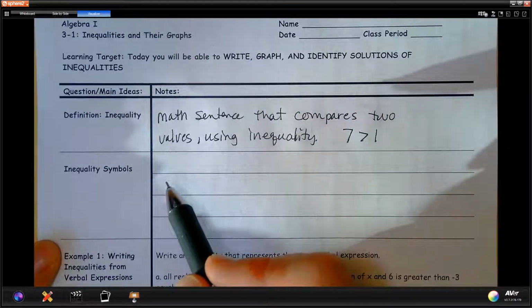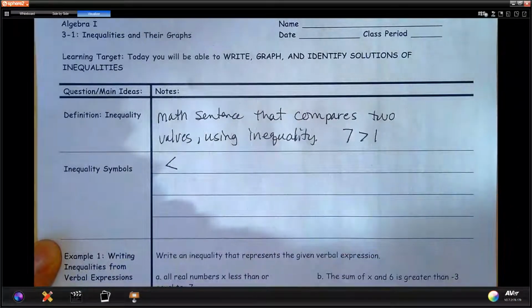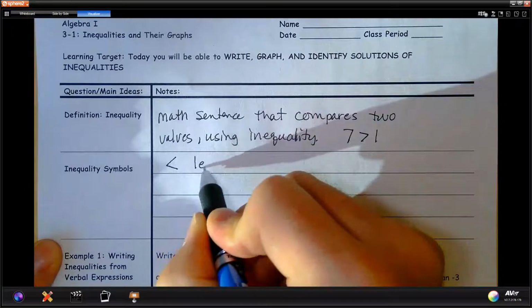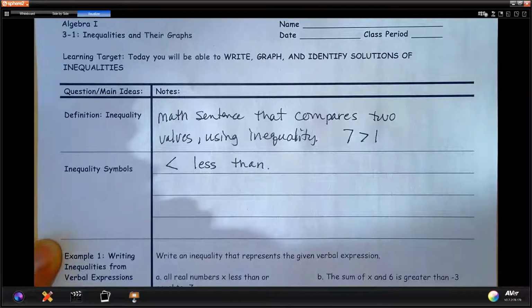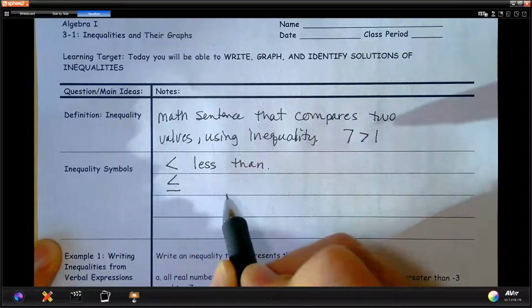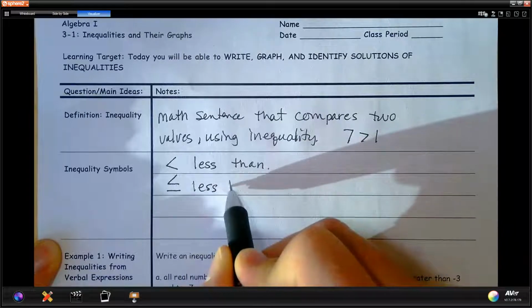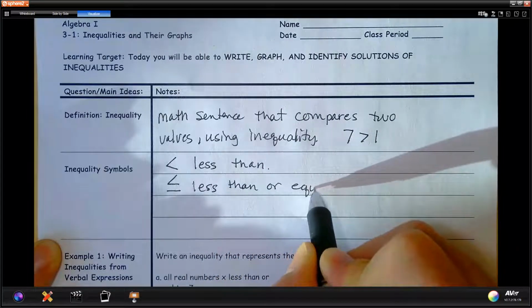All right, before we do that, though, you need to know the inequality symbols, starting with this one. This symbol is the less than symbol. If I take that same symbol, less than, and I put a line on the bottom of it, now it's less than or equal to.